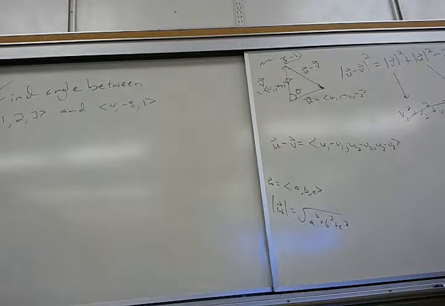So remember, you can use this here: magnitude U magnitude V cosine theta equals U1 V1 plus U2 V2 plus U3 V3.